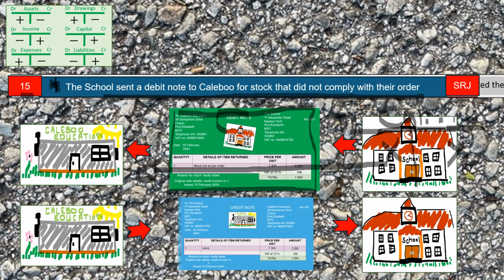That's why they are sending a debit note. A debit note is a claim for goods which do not comply with the order. Wrong goods, right? The school's not happy, sends the goods back. They send a debit note.